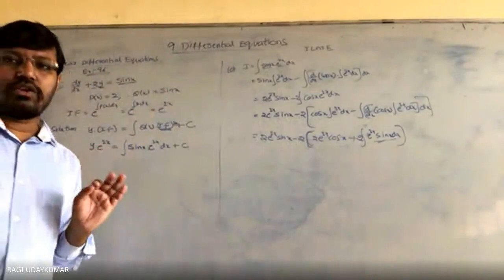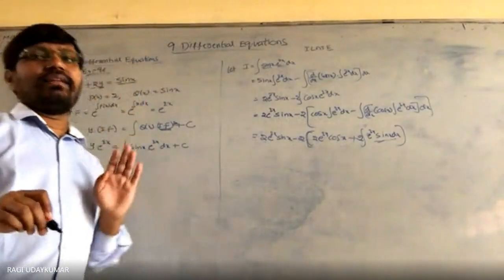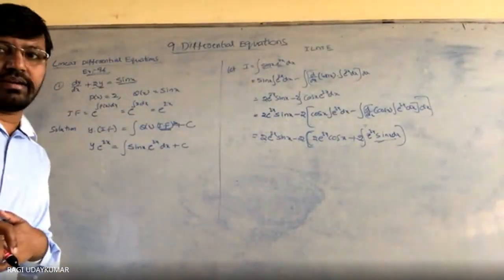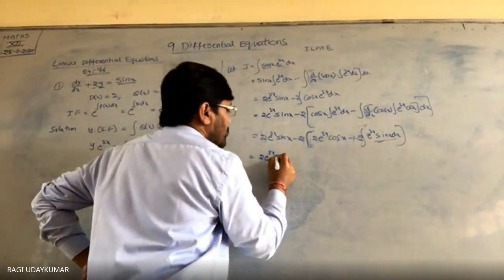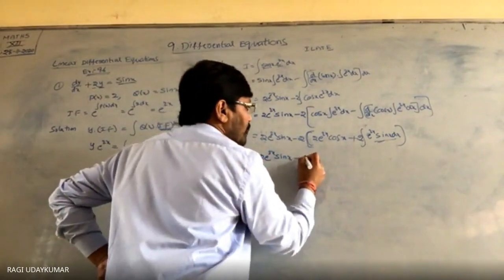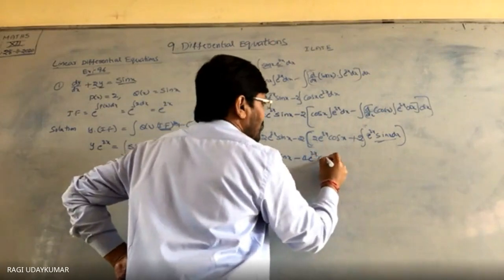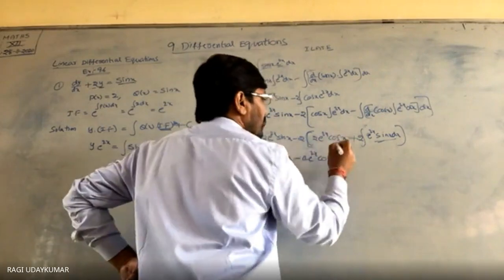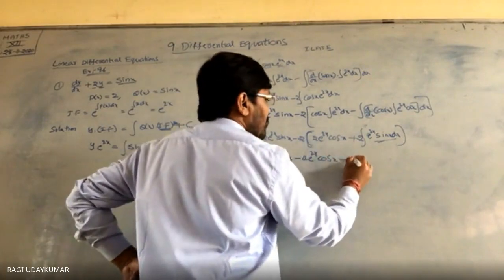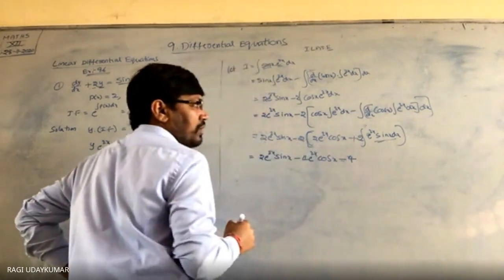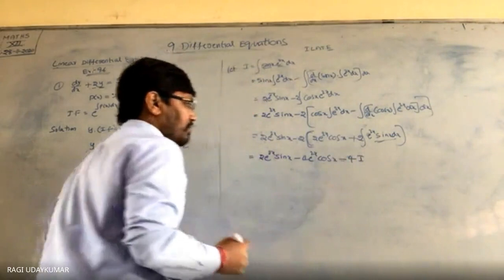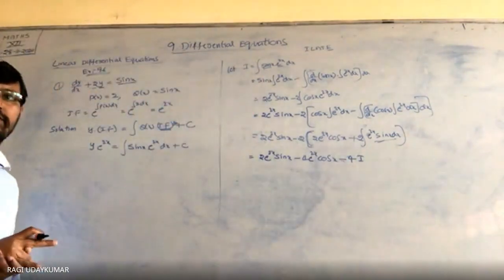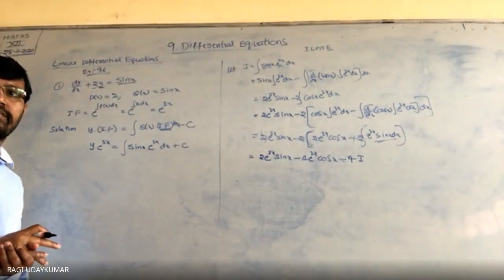It is not necessary for me to explain again. But once again it is a revision हो जाएगा. So that's why I am telling you 2 e power 2x sin x minus 4 e power 2x cos x minus 4 into I, isn't it?